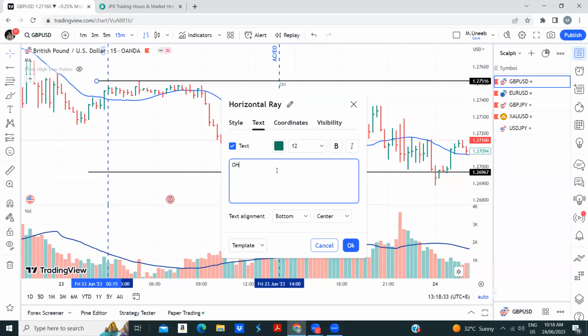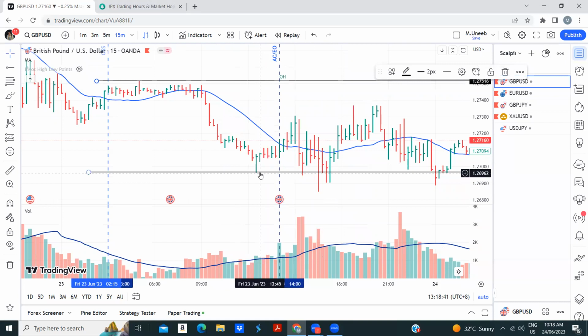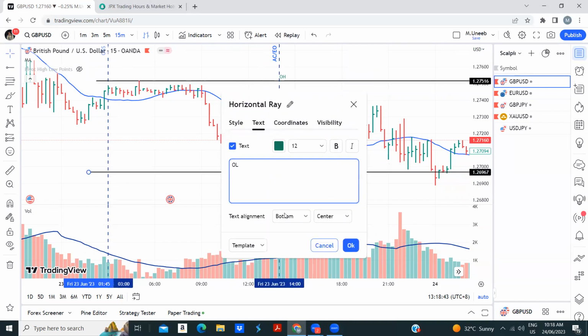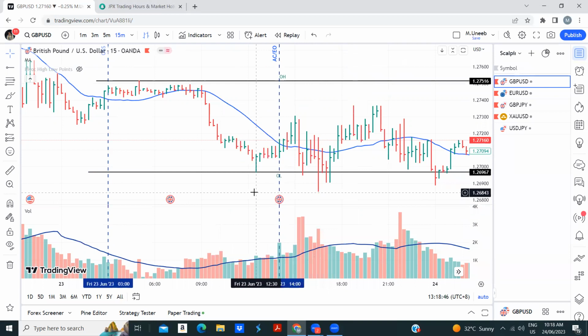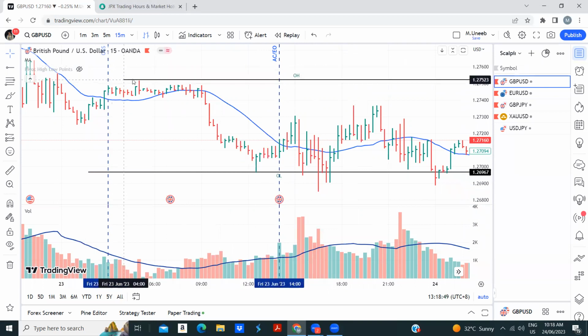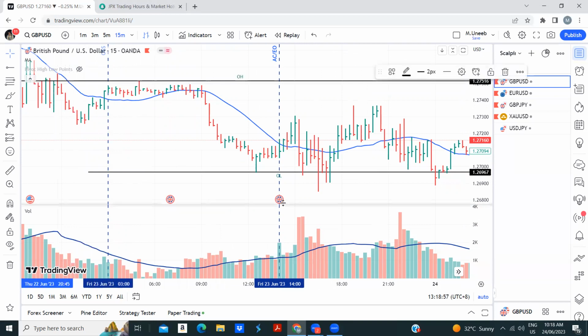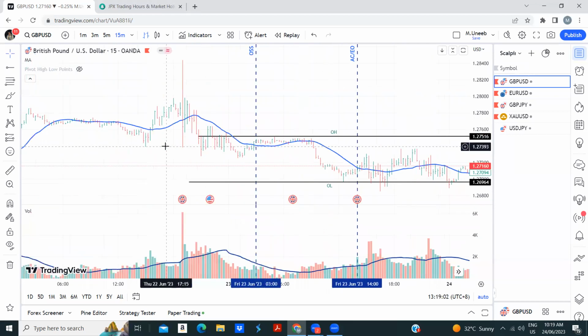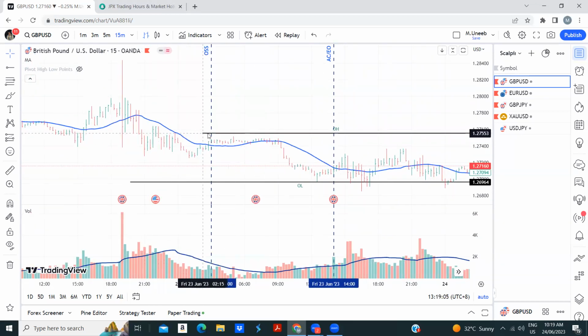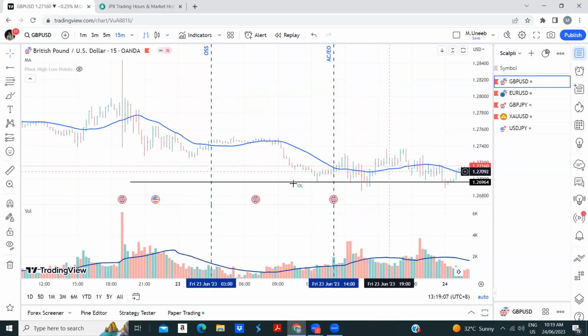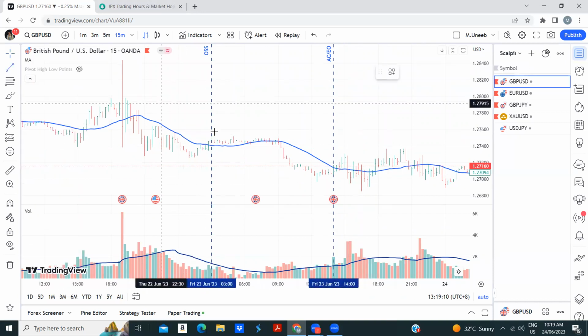Top and center. And this one is OL. Let me reduce it. I think I should not draw this line here. It's better to draw this trend line.